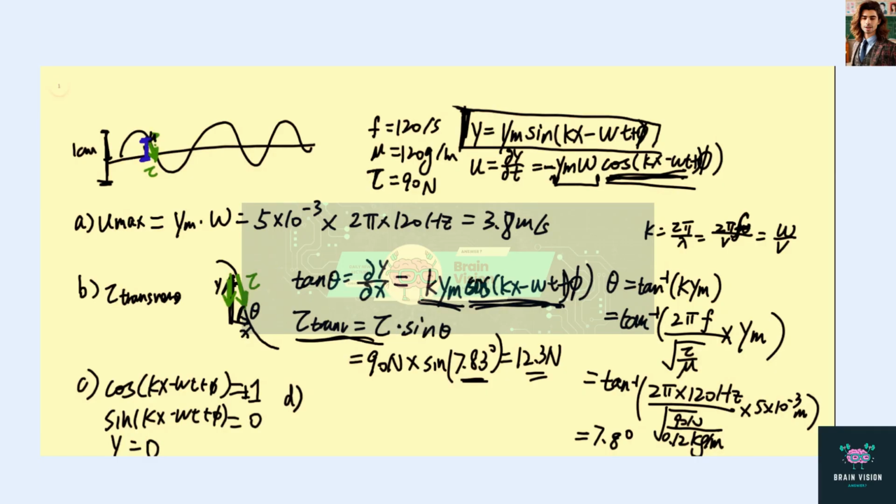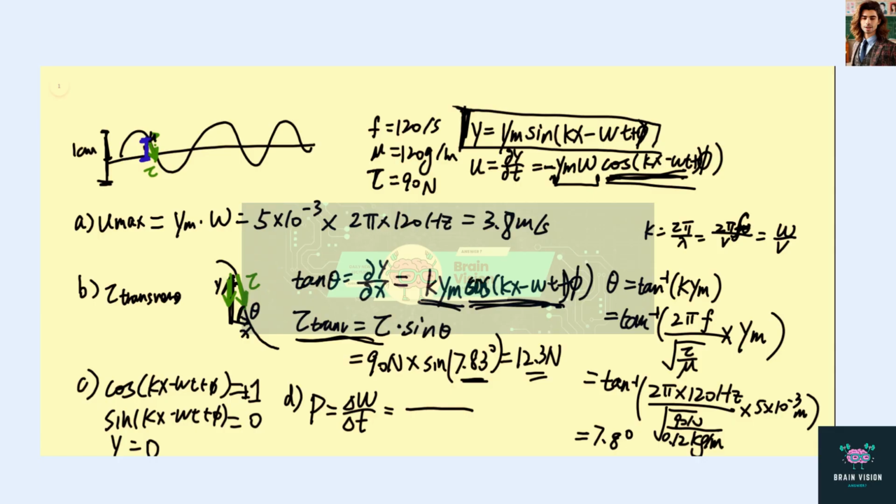Okay, now part D: what is the maximum rate of energy transfer along the string? Well, we can find what P is. P equals work over time, so that's the rate of energy transfer.